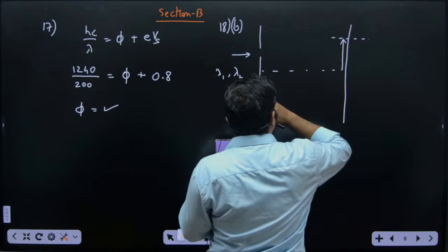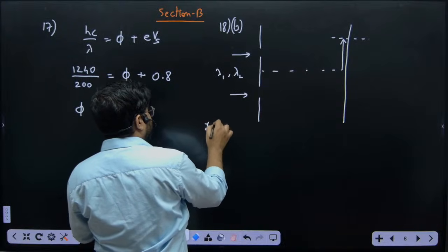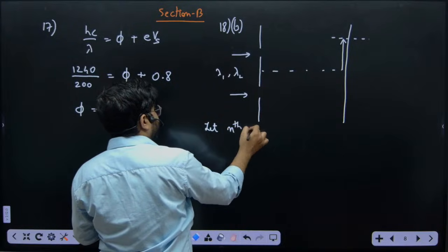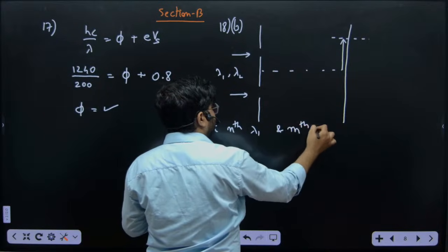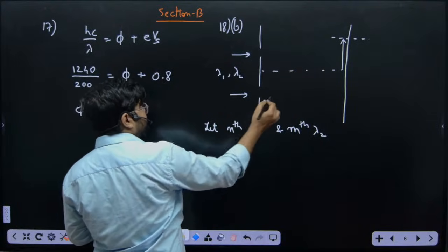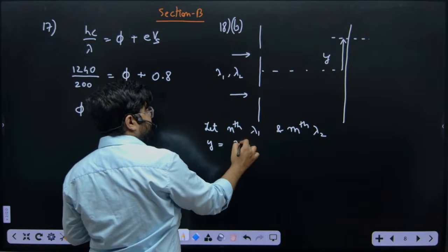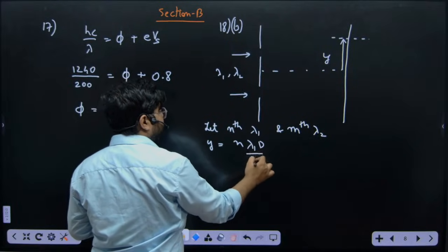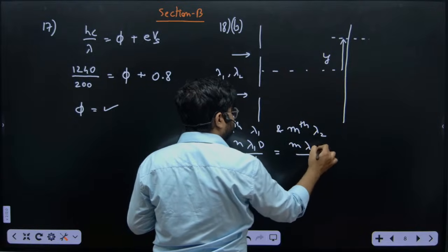For the bright fringe, let the nth bright fringe of lambda 1 and the mth bright fringe of lambda 2 coincide. So y can be written in terms of lambda 1 as n lambda 1 D by d, and in terms of lambda 2 as m lambda 2 D by d.